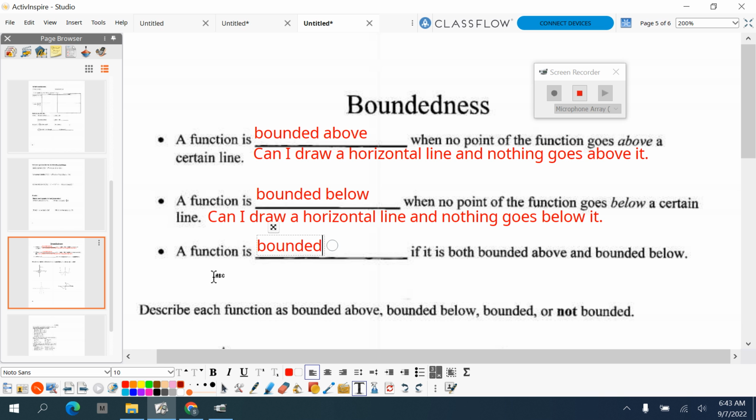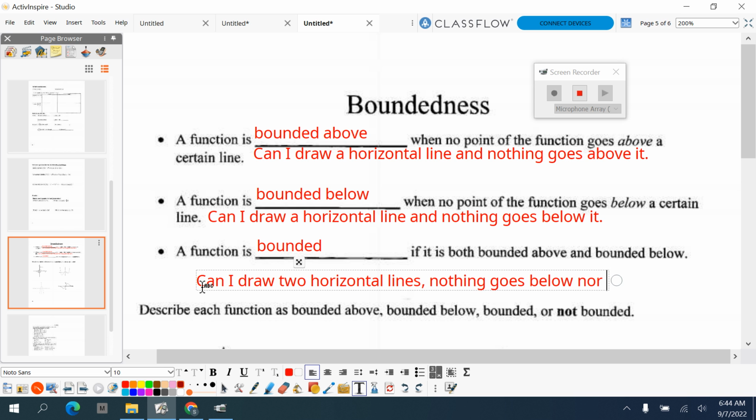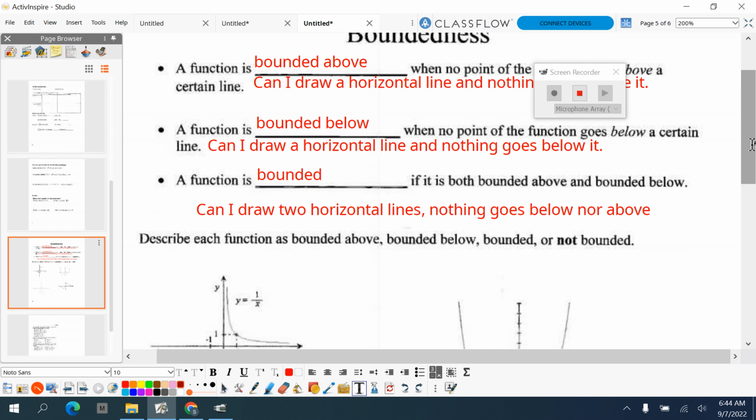That means, can I draw a horizontal line, or two horizontal lines, and nothing goes below nor above these lines? So everything is compacted in between. We'll look at some examples of what that might look like.